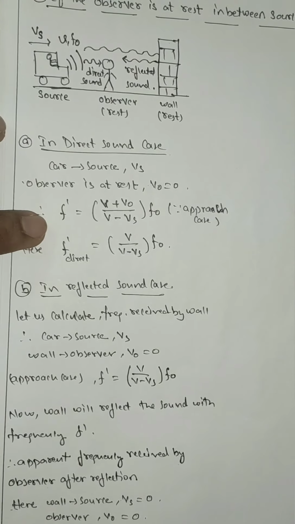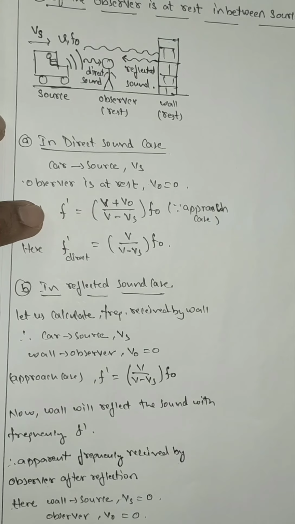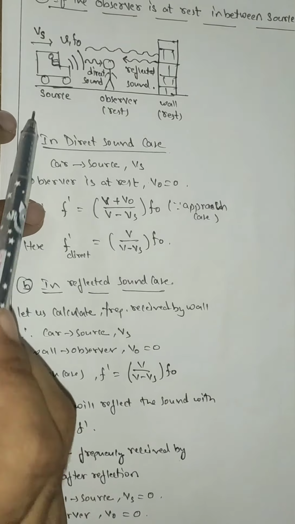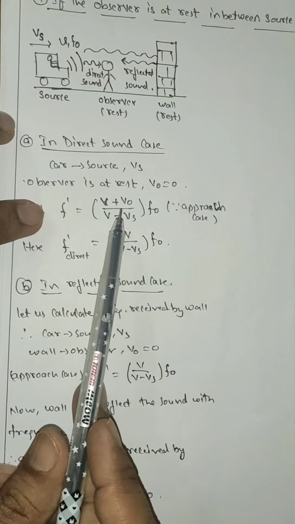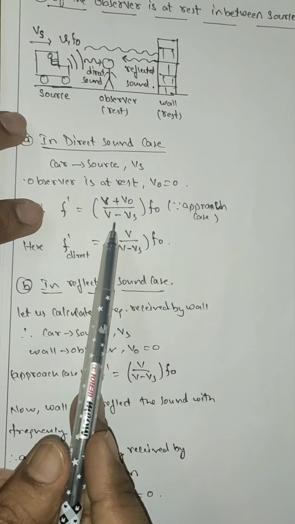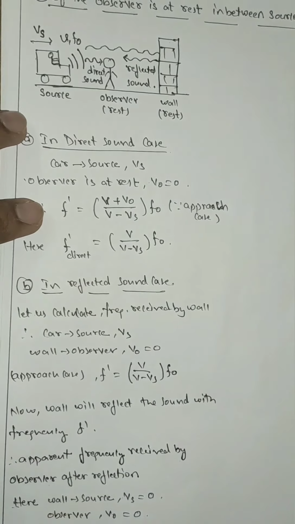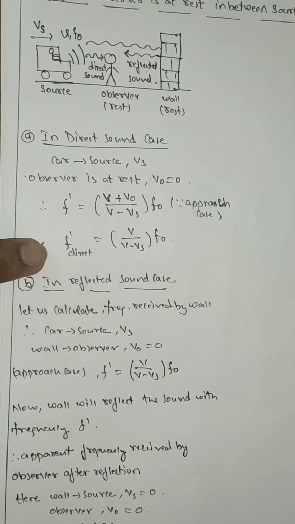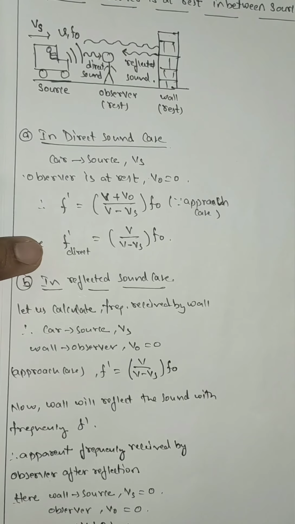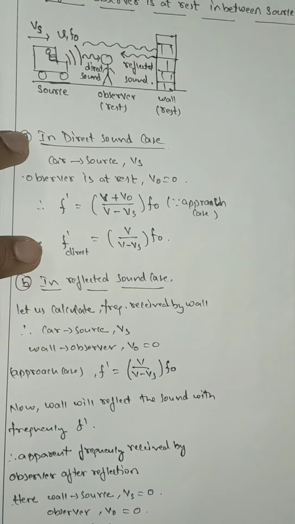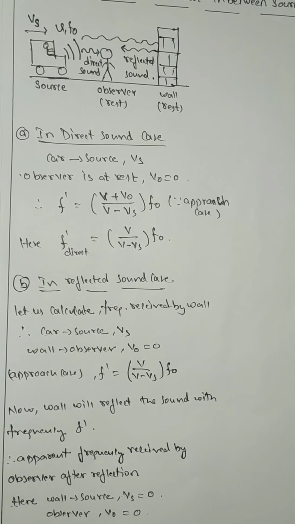So what is the apparent frequency received by the observer? Since it is an approach case here, we have to use the upper sign, V plus V0 by V minus Vs into f0. So the apparent frequency received by the observer directly is equal to V by V minus Vs into f0.